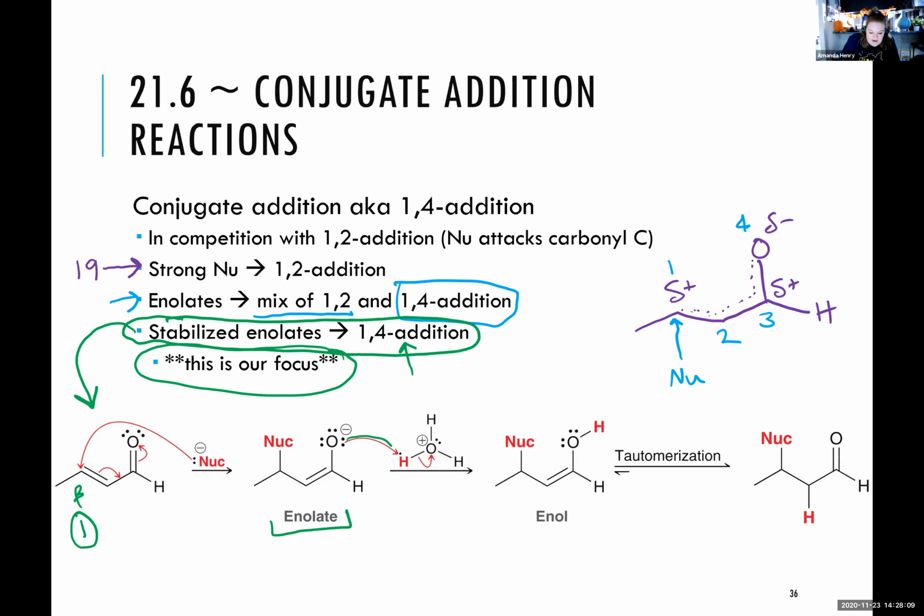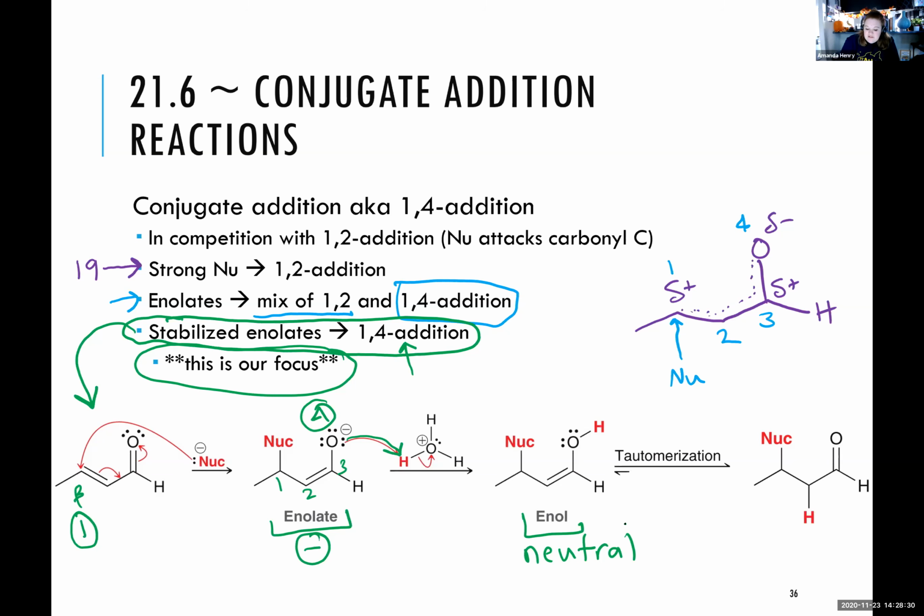Then we add a hydrogen to our oxygen, and that's the 4. So 1, 2, 3, 4. We get our enol. So remember, the only difference between the enolate and the enol is the charge. The enolate's negative, the enol is neutral.